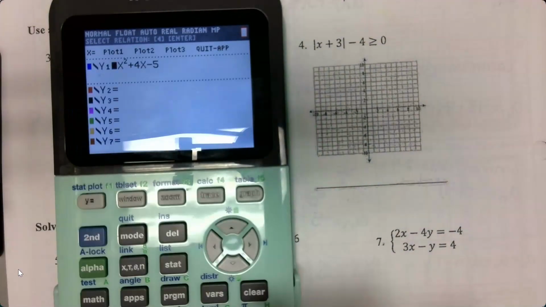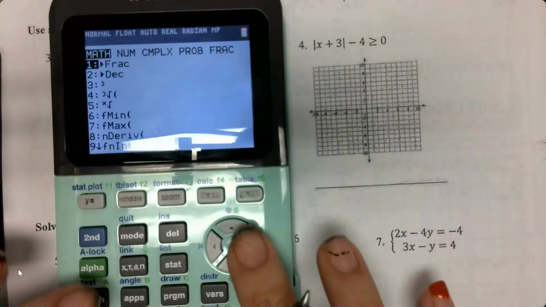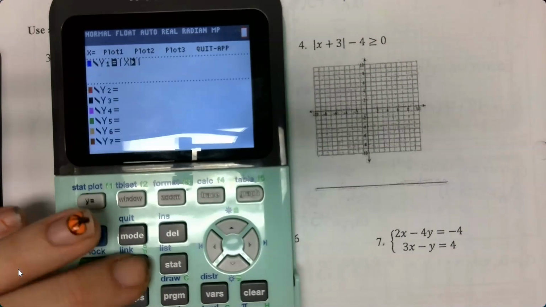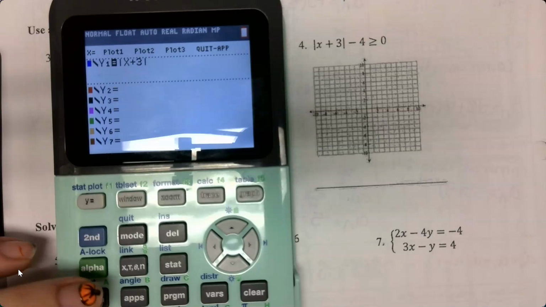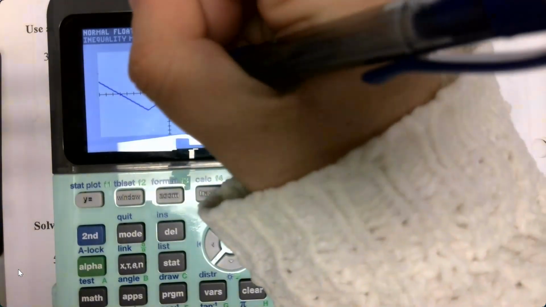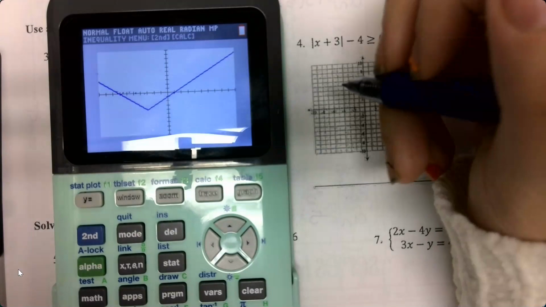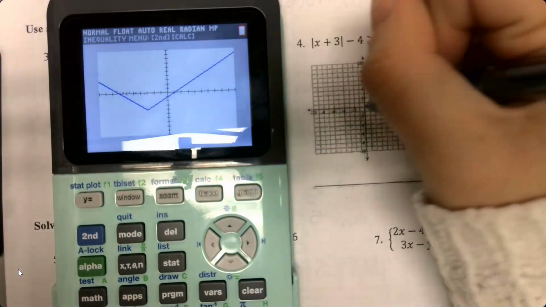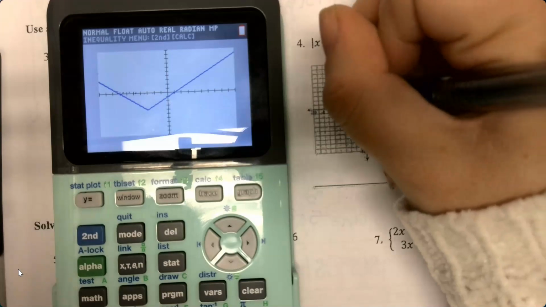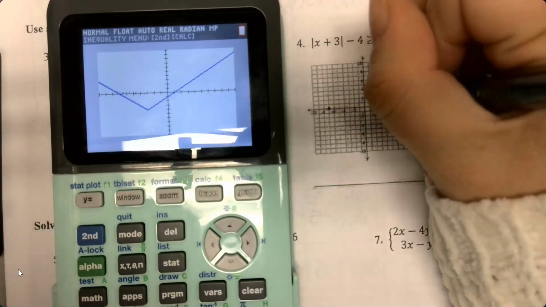Same thing for number 4. I'm going to graph this one. So I go math, num, choice 1 for absolute values, x plus 3 minus 4. 1, 2, 3, 4, 5, 6, 7. So that one's crossing at negative 7. And then at 1.